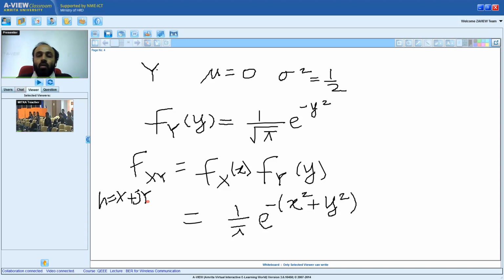Now I am going to do something slightly different. Writing the joint distribution of x and y in this form is not very meaningful, because I am not interested in real and imaginary parts. I am interested in the magnitude and phase of the fading coefficient, because phase will determine the phase of the signal, and the magnitude will determine the power or attenuation of the signal.